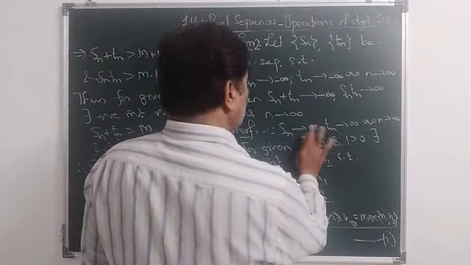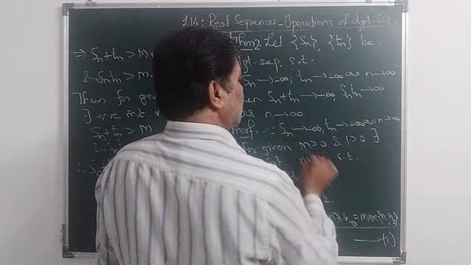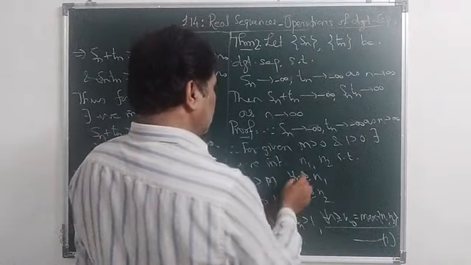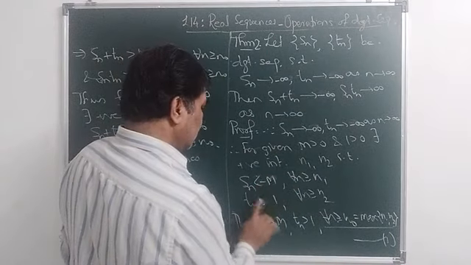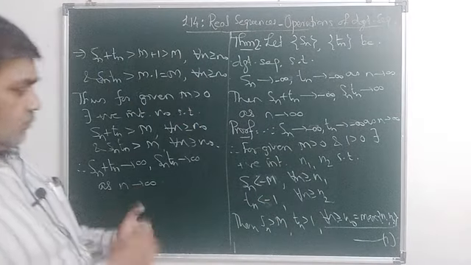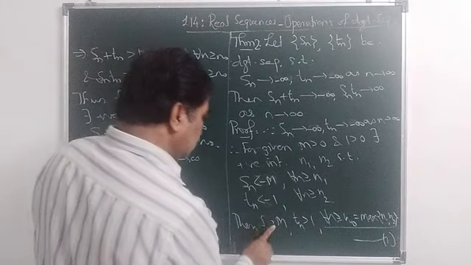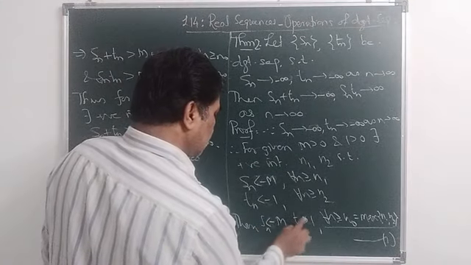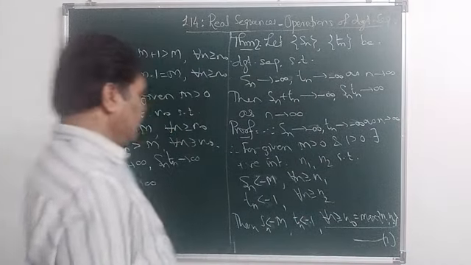So as Sn goes to minus infinity, Tn goes to minus infinity, for given m greater than 0, Sn is less than minus m, Tn is less than minus 1. Is it clear? For n greater equal n0, Sn is less than minus m, Tn is less than minus 1 for every n greater equal n0.